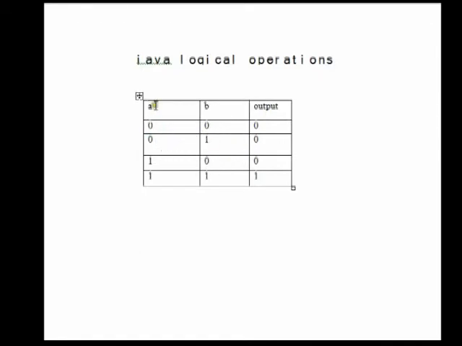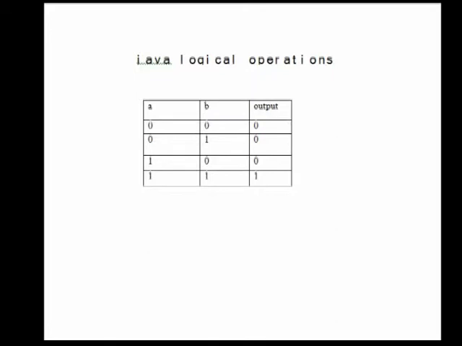If the first input is false and the second input is false, then our output is false as well. The only time we get true is if A and B are both true, then our output is true.